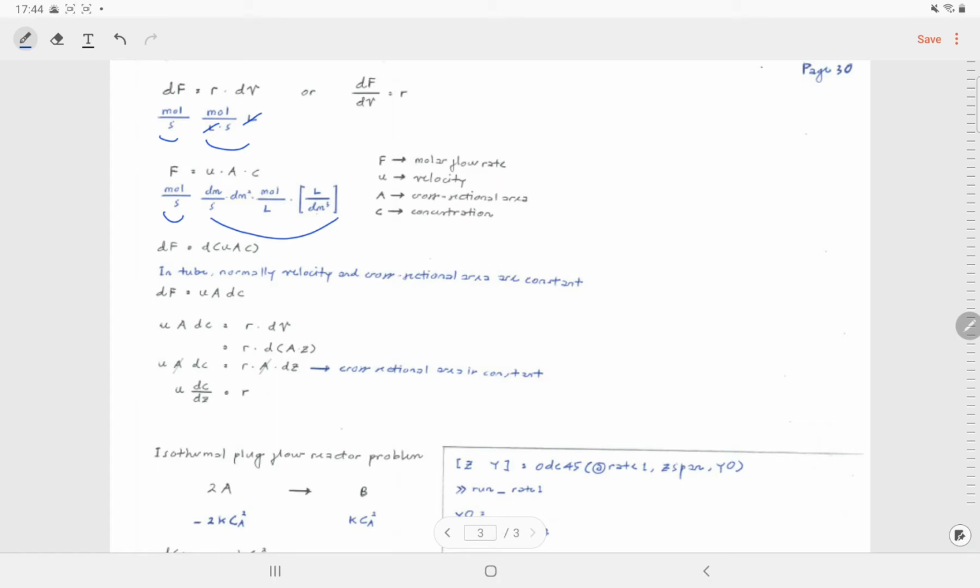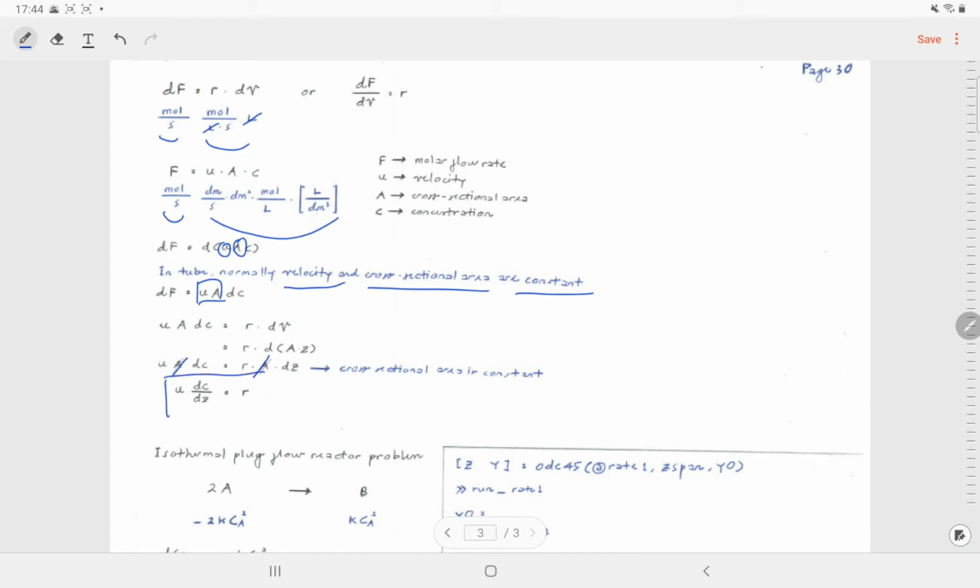Likewise for the F, we need to make sure that the unit for the F is equal to the units of U, A, C. Okay, and then note that since we have the velocity and the cross-sectional area constant, then this velocity and the cross-sectional area can be taken out of the derivative terms. Then this A can be cancelled from the left hand side and the right hand side.